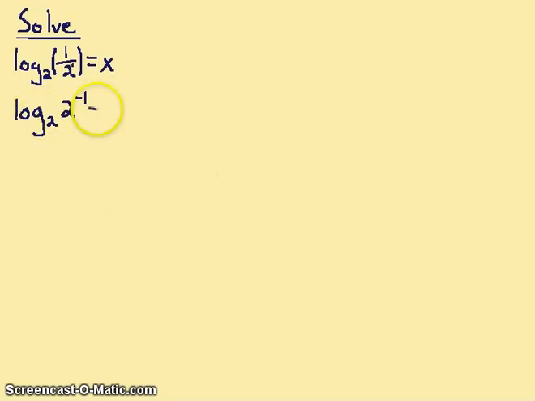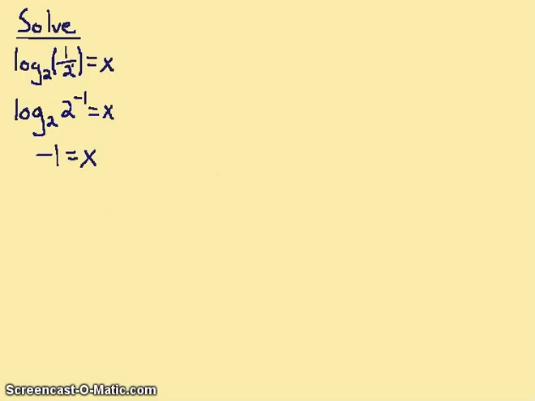Then I can use that log property: log base b of b to the x is always x. So log base 2 of 2 to the negative 1 should just be this negative 1 right there. So that turns out just to be negative 1, from that third property in the list that we wrote.